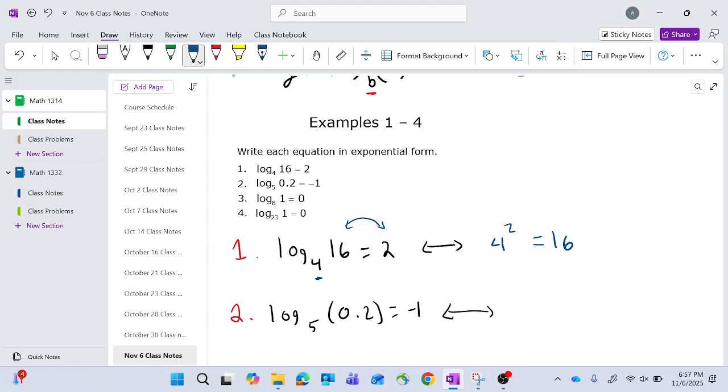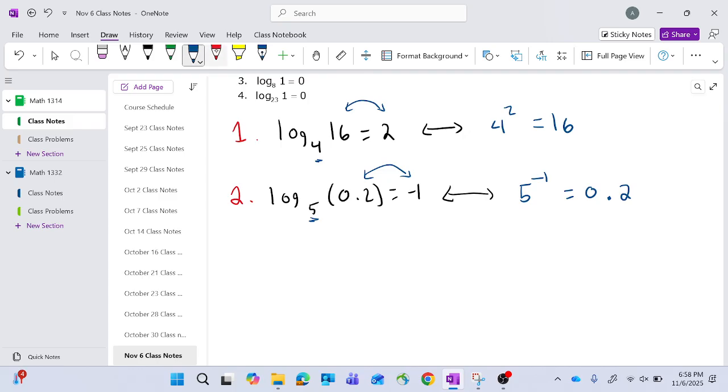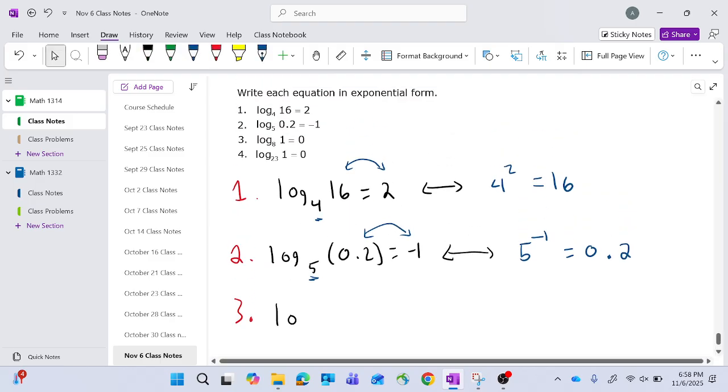Well, just like before, take the base of the log, make it the base of the exponent, then flip the two numbers. 5 to the negative 1 equals 0.2. That's true, it is true, yeah. 1/5.